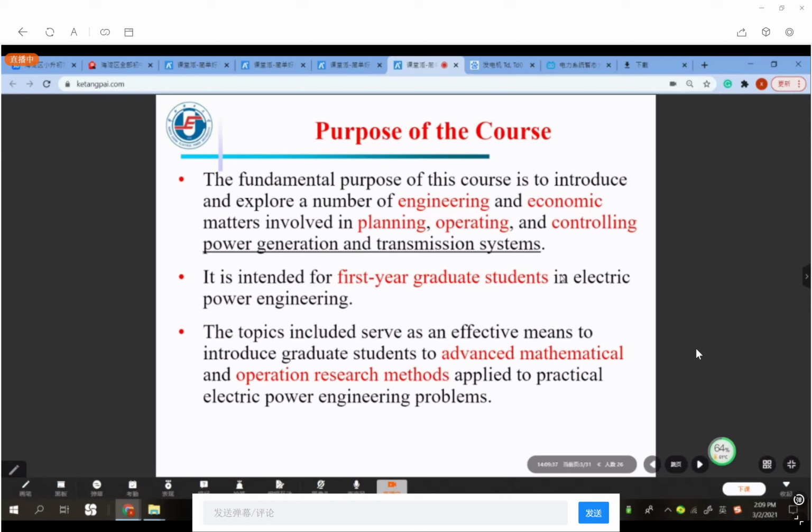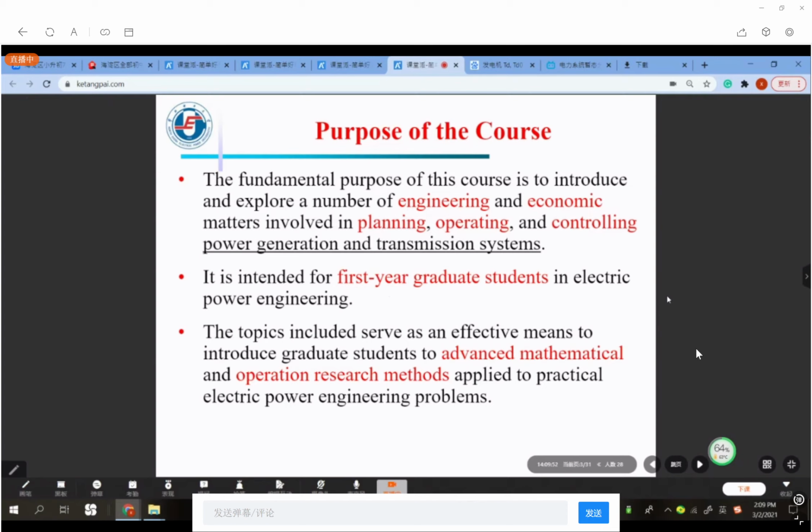The topics in this class will teach you something about advanced mathematics and operations research applied to practical electrical engineering problems.